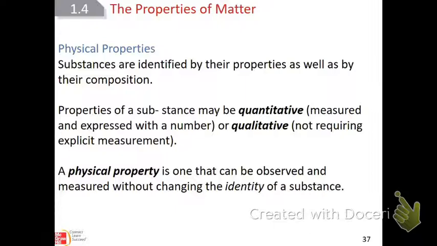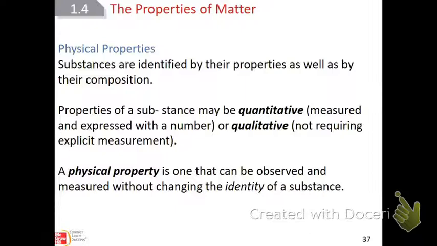One of the most important of all physical properties, I think, is the state of matter. Whether something is a solid, a liquid, or a gas is its physical state. And that is always and forever going to be a physical property.